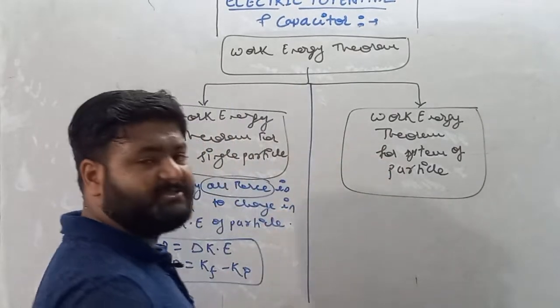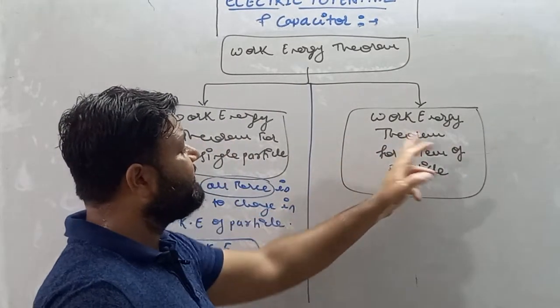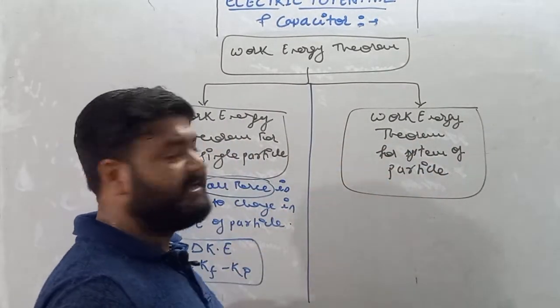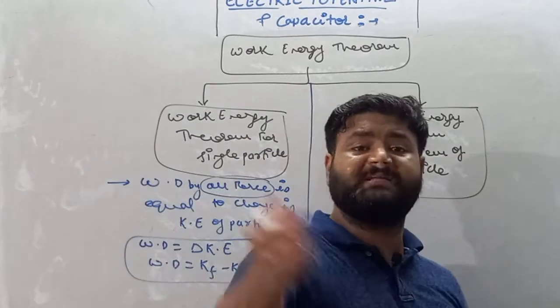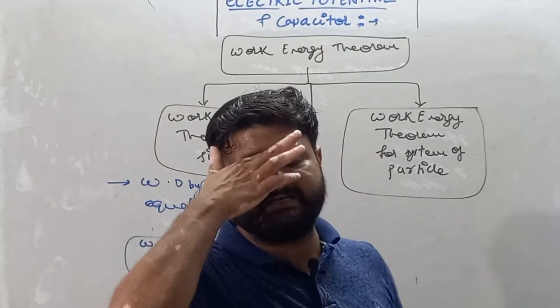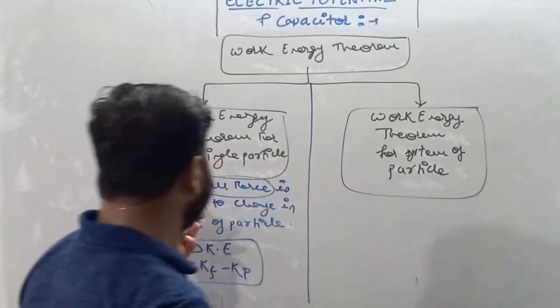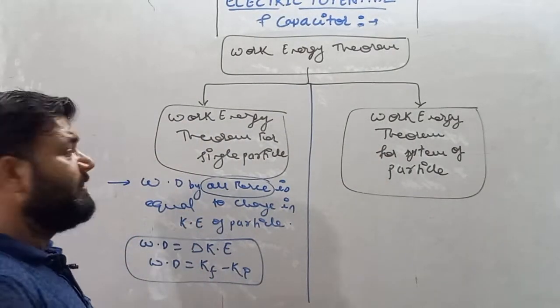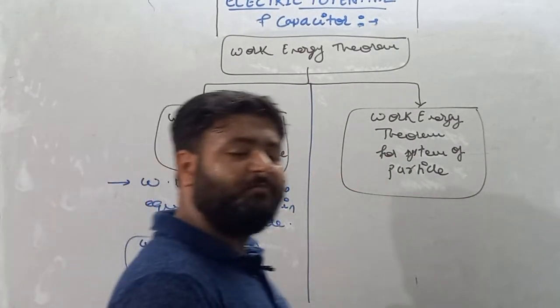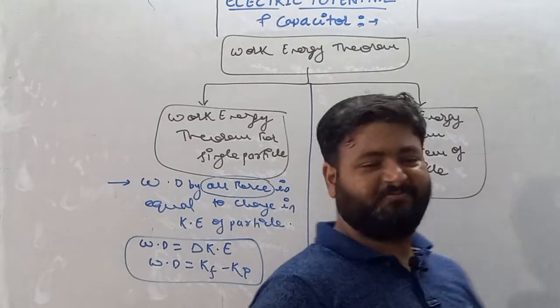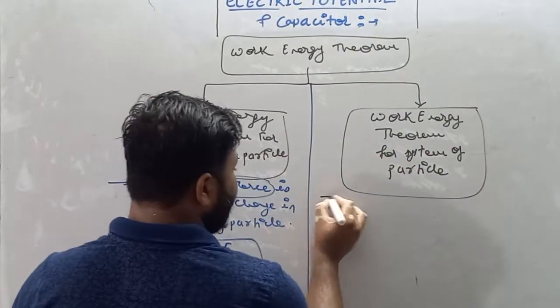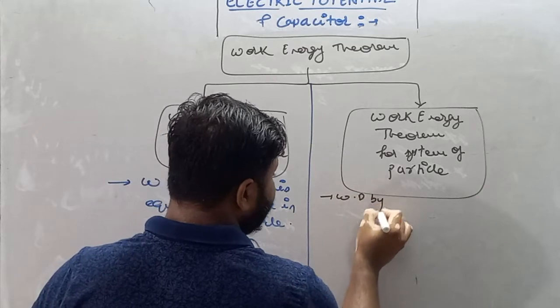Moving forward, we are now discussing the work energy theorem for system of particles. System of particles means more than one particle. If more than one particle is present, then we cannot use the work energy theorem for single particle. In that case, we use the work energy theorem for system of particles.